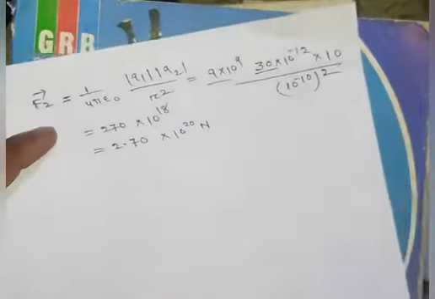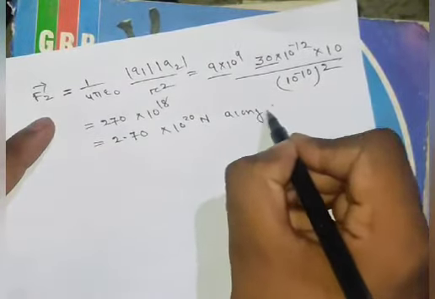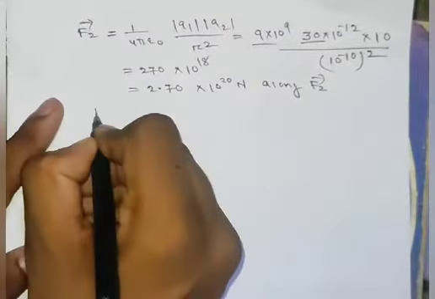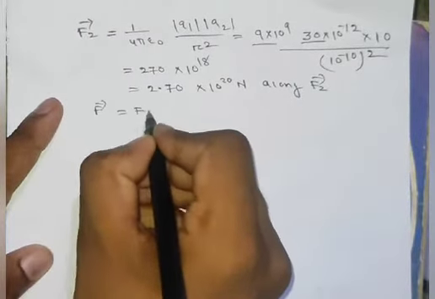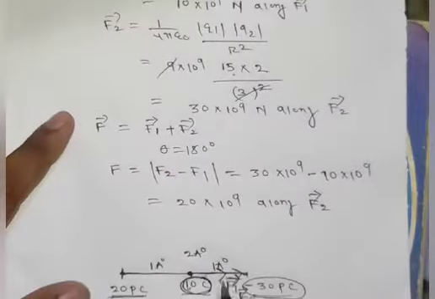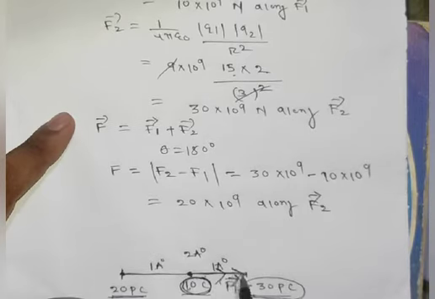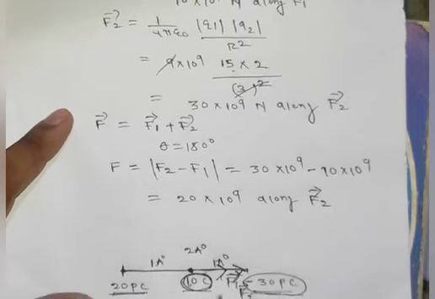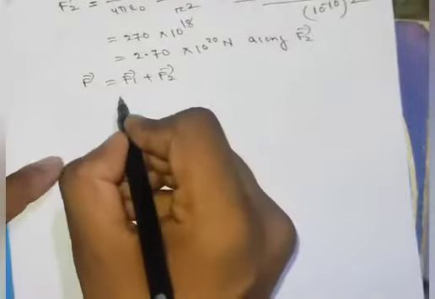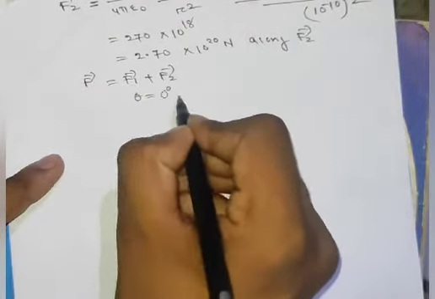So now the resultant force on 10 coulomb will be what? It is simply the vector sum of F1 and F2. From the figure you can see F1 and F2 vectors are directed along the same direction, so the angle between them is theta equal to 0 degree.